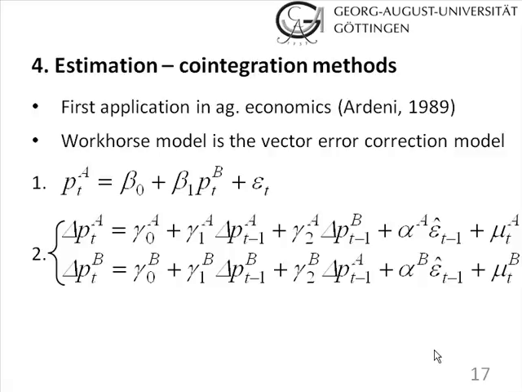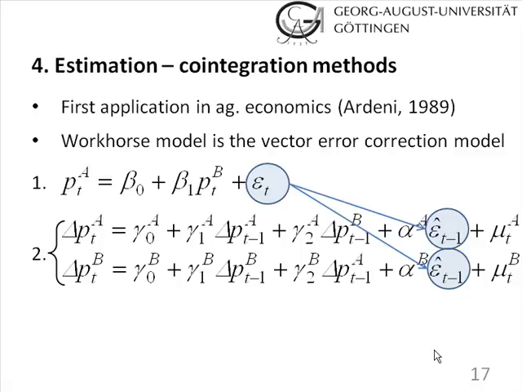Okay. And most importantly, what we do is we take the error term from the first equation here. This is the deviation from the long-run equilibrium. And it enters into these two change equations down here. Okay. So we have the price in market A responding to whether or not in the previous period these prices were in equilibrium or not.